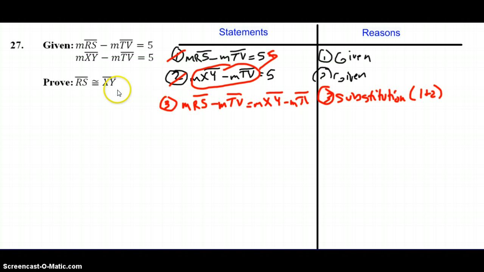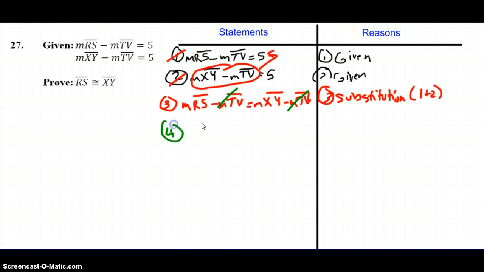If I look at what I'm trying to prove, I'm trying to show that segment RS is congruent to segment XY. Going back to this idea that both sides had a measure of segment TV, I can get rid of those. Since they're being subtracted, to undo subtraction, I can add TV to both sides, and that would cancel those out.